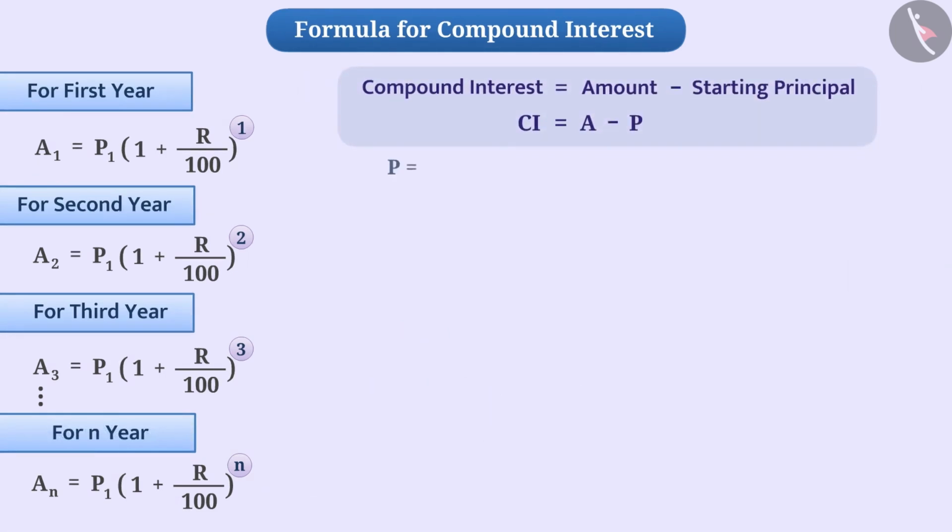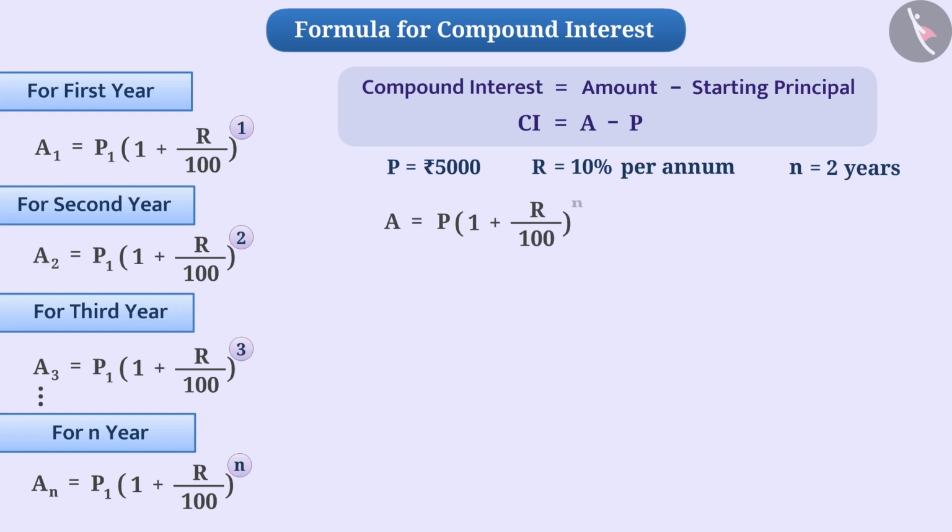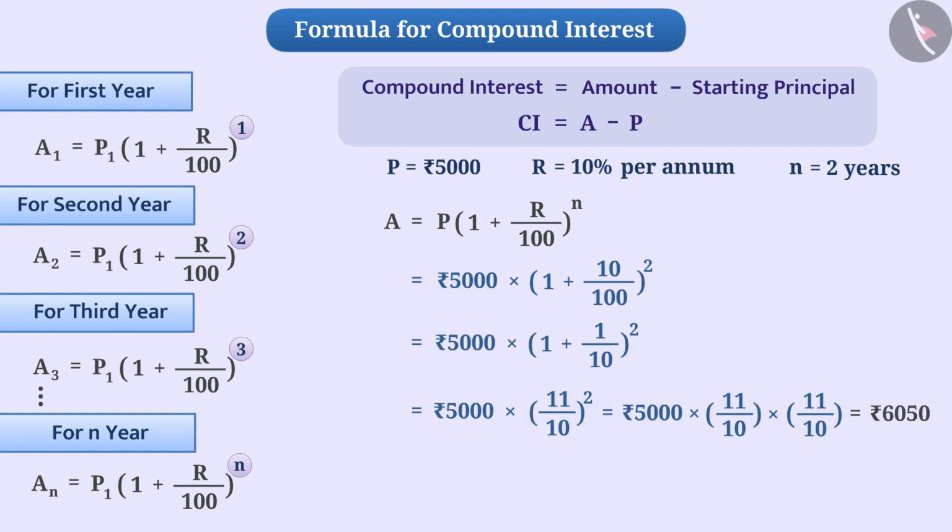Now consider P is equal to rupees 5,000, R is 10% per annum and n is equal to 2 years. And we need to find out compound interest, then we can use this formula. A is equal to P into bracket 1 plus R by 100 bracket raised to the power n, is equal to rupees 5,000 into bracket 1 plus 10 by 100 bracket raised to the power 2, is equal to rupees 6,050.